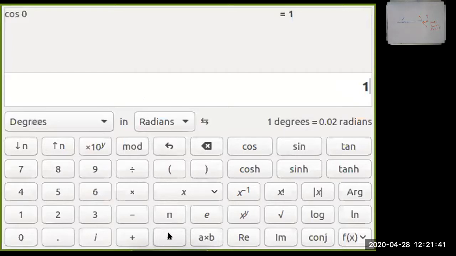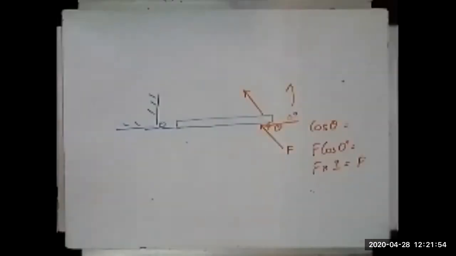That means the entire component of the force vector will be contributing towards the torque. And that, in this case, is obviously wrong, because if you push the door in that direction, you can imagine that there will be no torque possible.